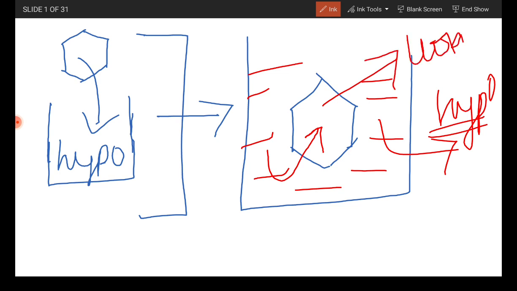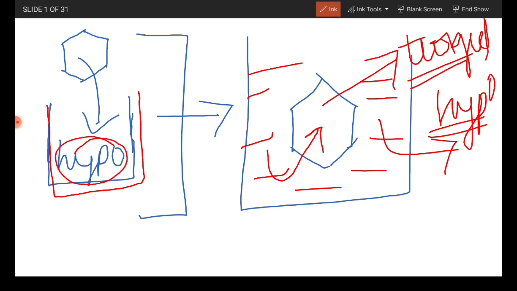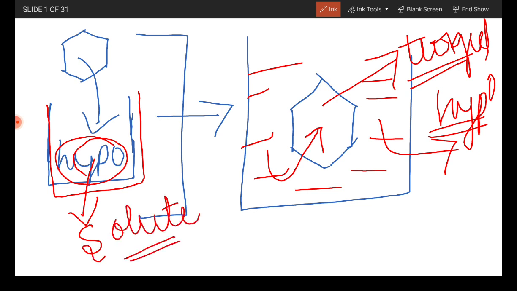A new terminology: what is turgidity? When a cell is placed in a hypotonic solution, which has a very low solute concentration, water will enter into the cell.